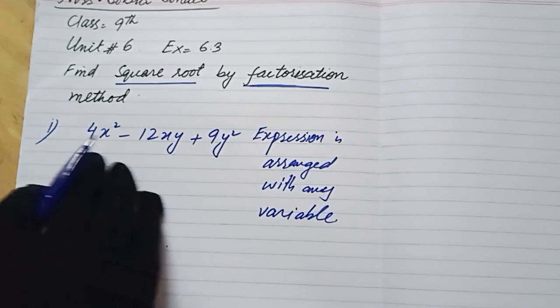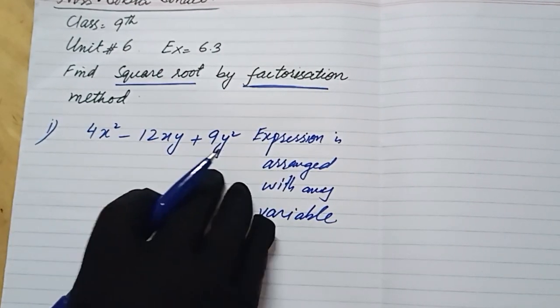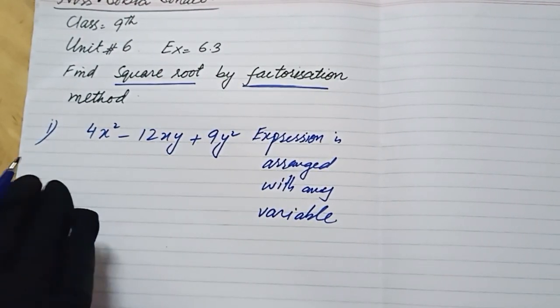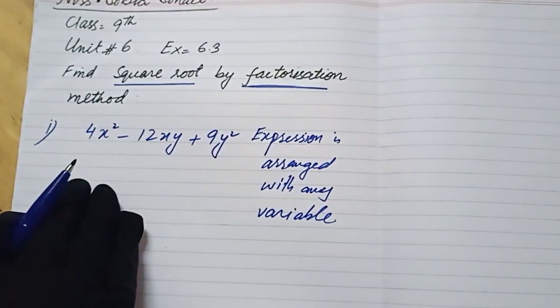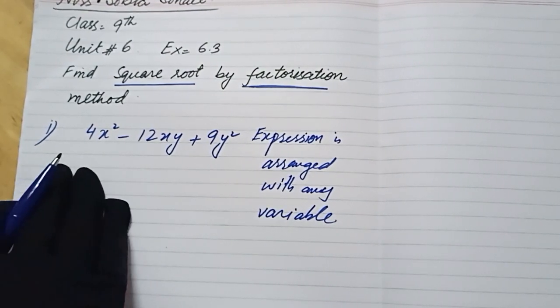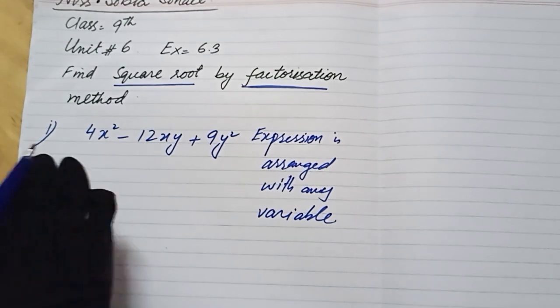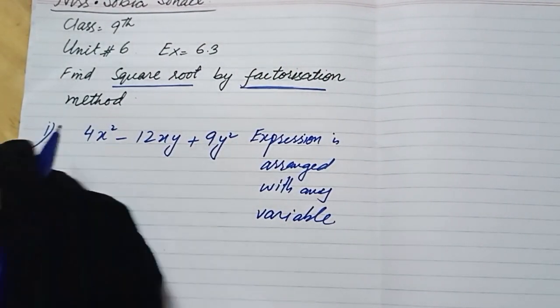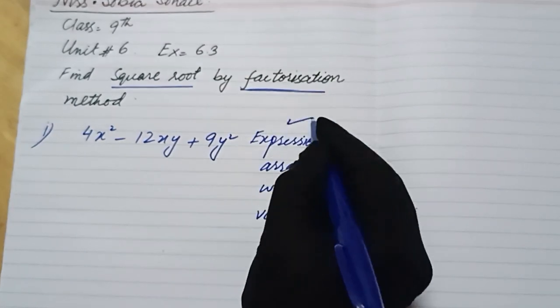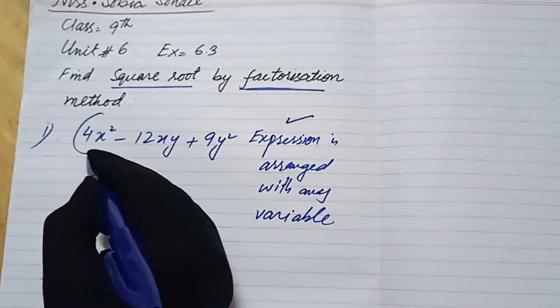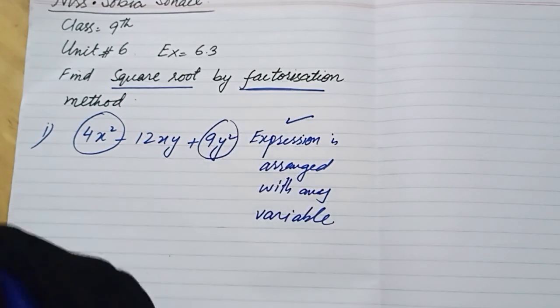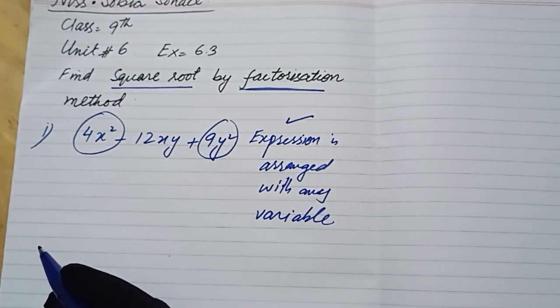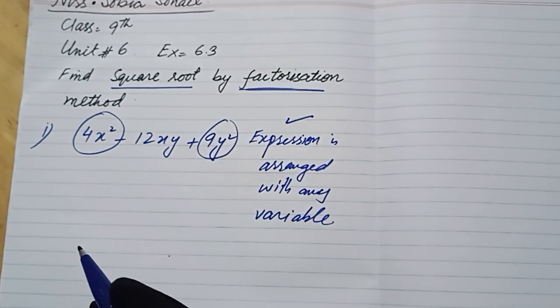X power is descending and y power is ascending, so either ascending or descending, whatever, but the expression must be arranged with the variable. Okay, it's arranged.